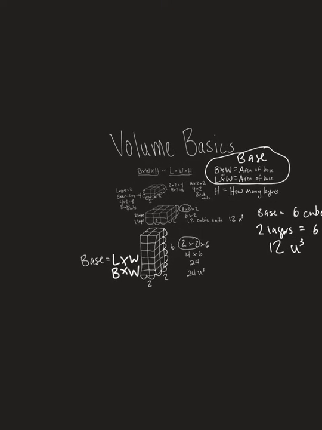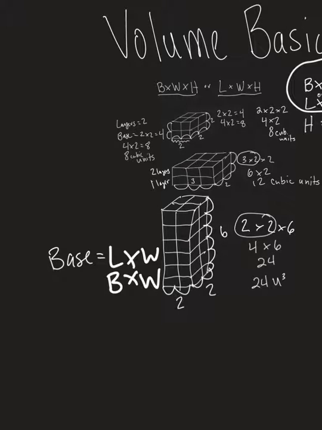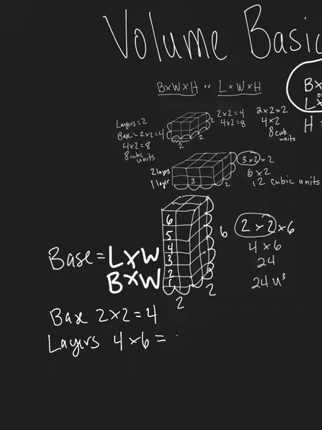So my base is going to equal 2 times 2, and that gives me 4. And then my layers are how high it is. So I have 1, 2, 3, 4, 5, 6 layers. So 4 times 6 equals 24 cubic units.